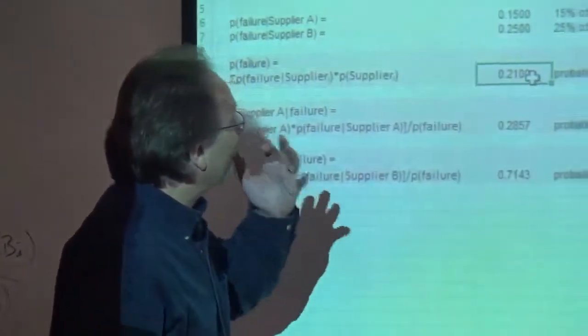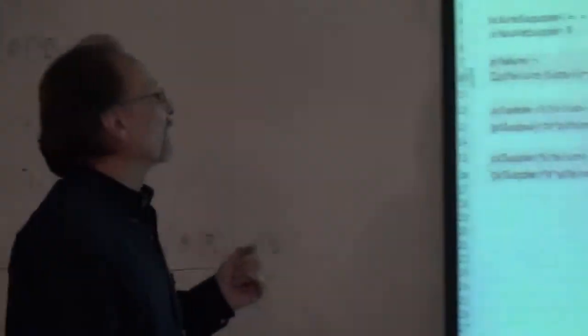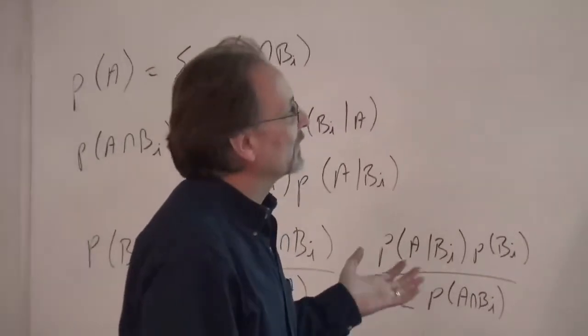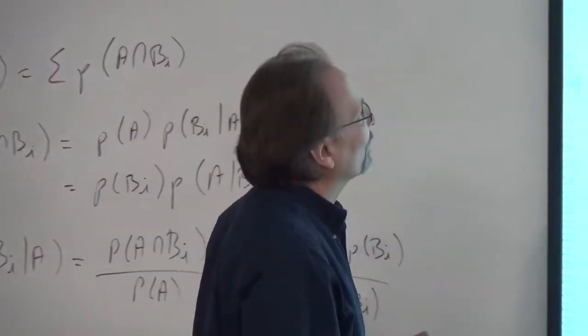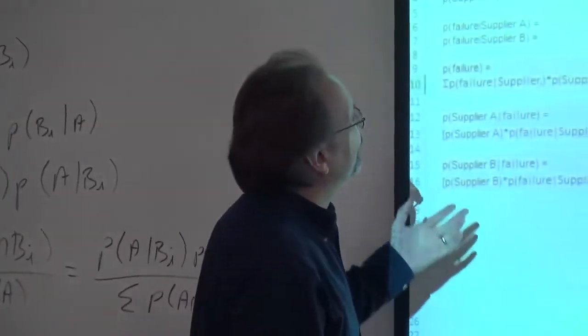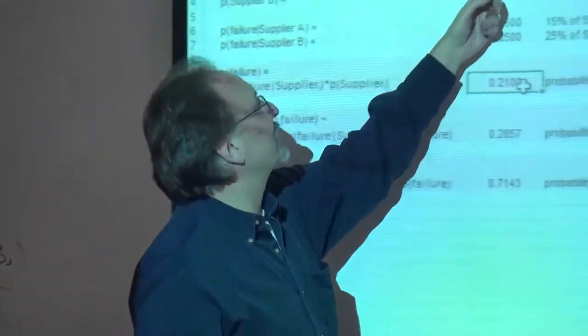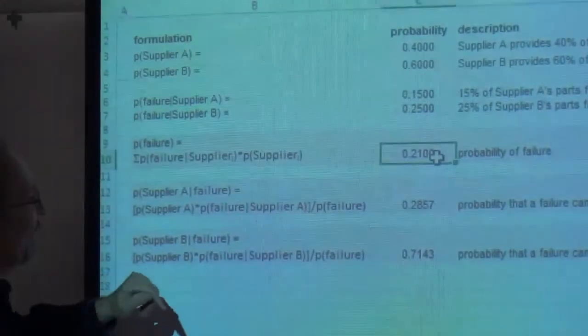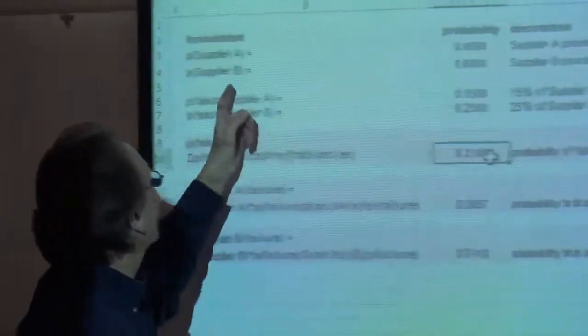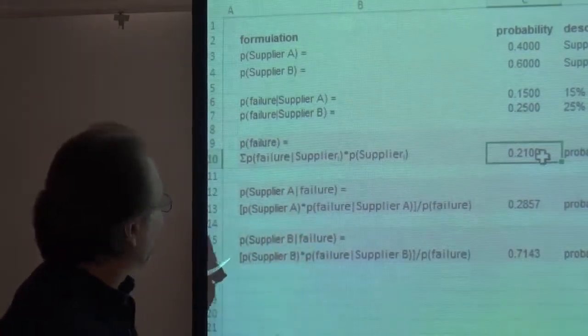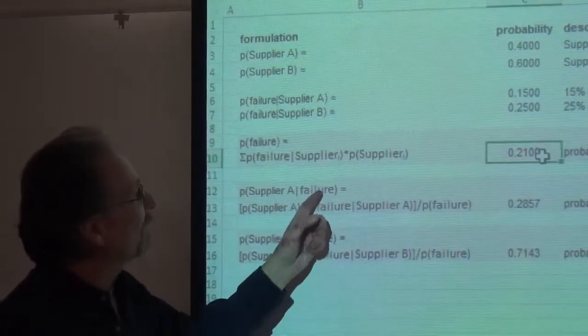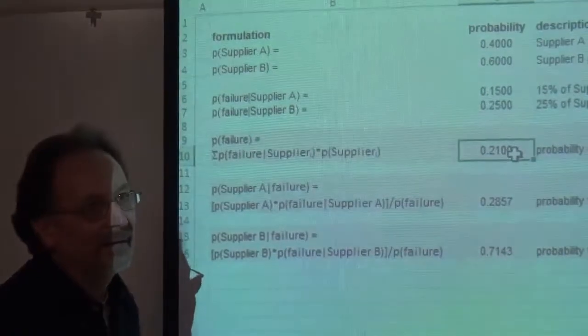So, and also think about the face validity of it. What's the probability that it comes from supplier A, given that I know that I have a failed part? Well, only 40% come from supplier A, and 60% come from supplier B, so I would expect the probability for this conditional probability to be lower than for this conditional probability.